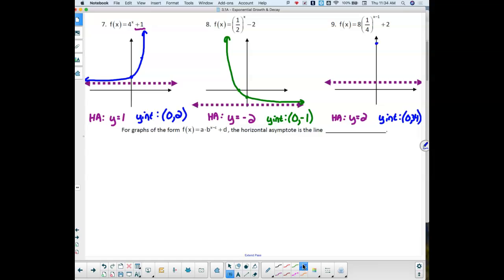So if I go with +1 there, I get 1 minus 1 is 0. 1/4 to the 0 power is 1. Times 8 is 8. Plus 2 is 10. So we're in about there. So it decays rather rapidly. On all of these graphs, the horizontal asymptote is at the line y equals d, for that one down there at the bottom.